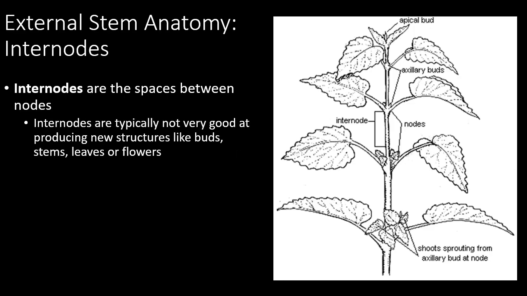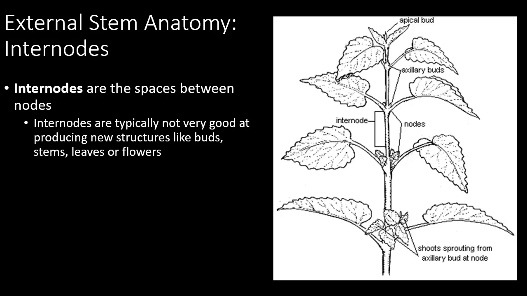The internodes are simply the spaces between the nodes, and unlike nodes, they are not very good at producing new structures like buds, stems, leaves, flowers, lateral shoots, etc. So pretty simple. Internodes, just the spaces between the nodes, and they don't typically do very much. They do, though, have a function still.